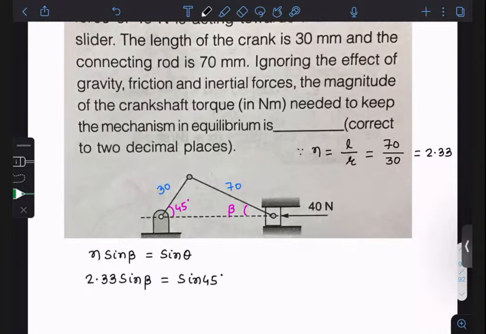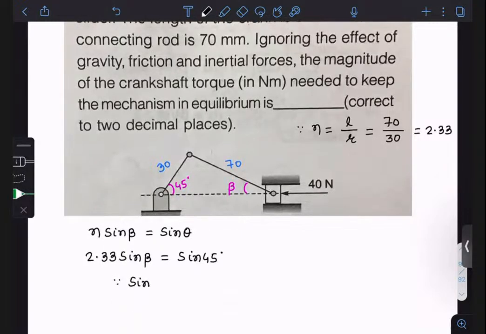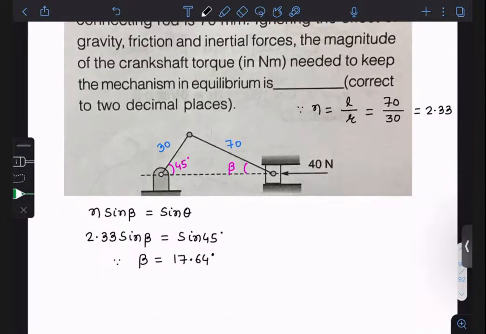Sine 45 is 1 by root 2. So from here we can find out beta directly. Tell me what is beta, everyone. Beta we are getting 17.64 degree. Correct.